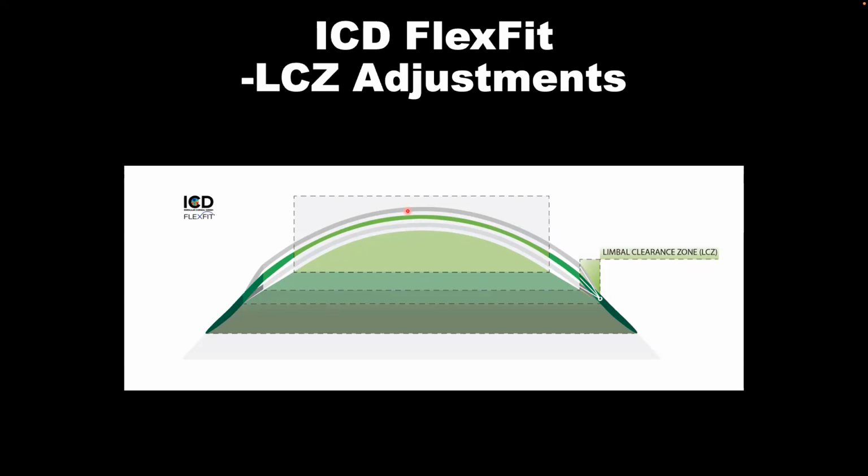But I just feel comfortable having that cushion, because eventually, during the years, if the lens starts to flex, the material starts to flex, and if it drops a little bit more, I still have a good clearance for my patient, and the lens will maintain.